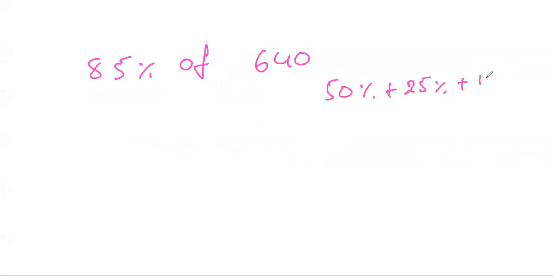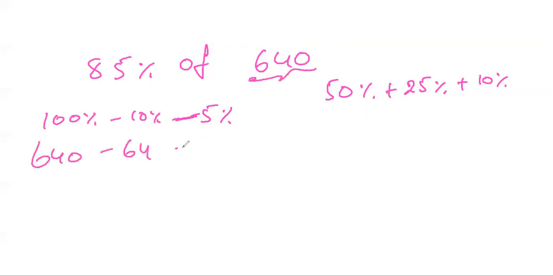For example, 85 percentage of 640 is there. Don't do the calculation 50 percentage plus 25 percentage plus 10 percentage. No. 100 percentage minus 10 percentage minus 5 percentage is better. 100 percentage is what? 640 minus 64 minus 32.